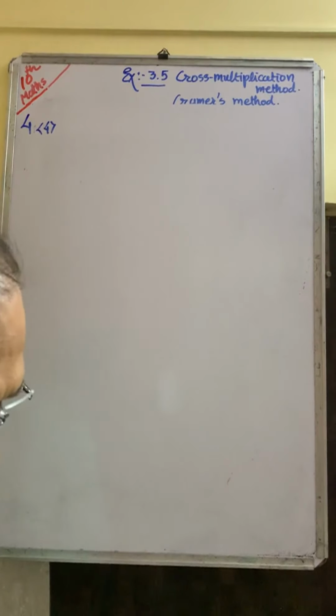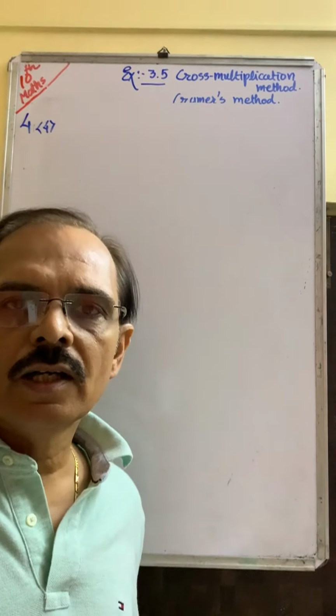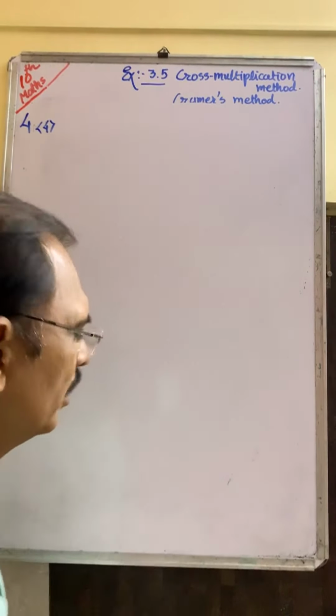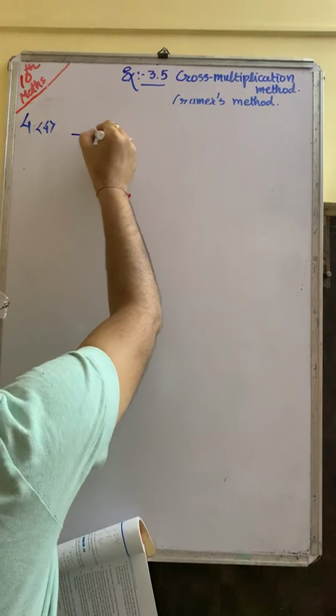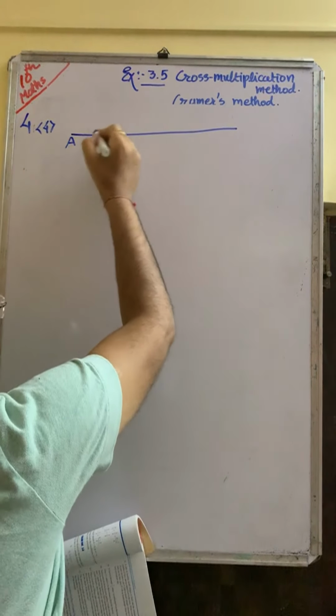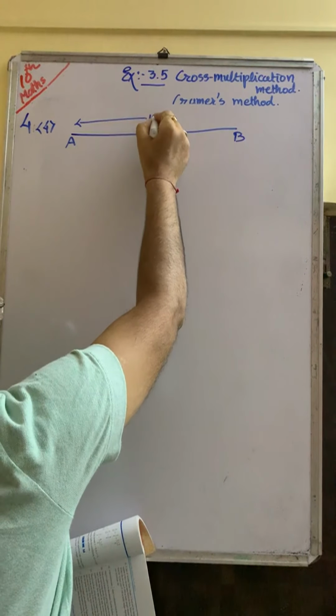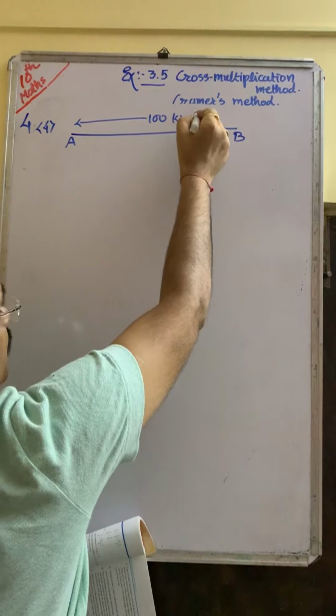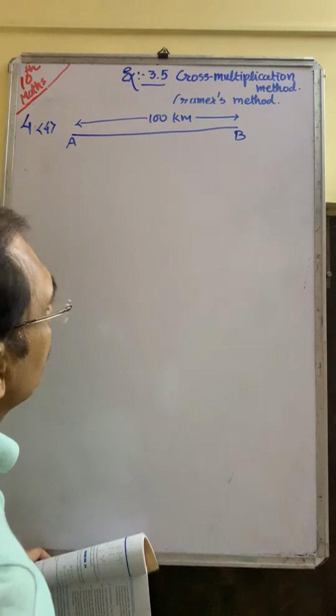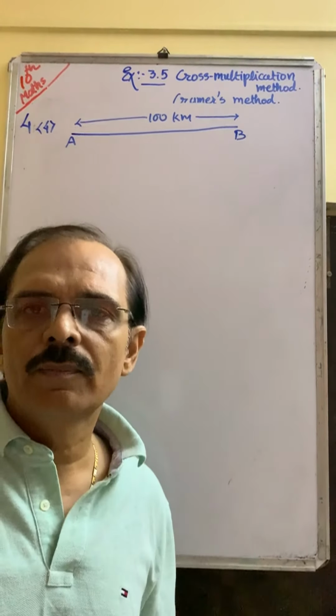Places A and B are 100 km apart on a highway. See, try to understand very carefully. Places A and B. Suppose this is Ahmedabad, this is Baroda. And the total distance between Ahmedabad and Baroda is 100 km. So places A and B are 100 km apart from each other.